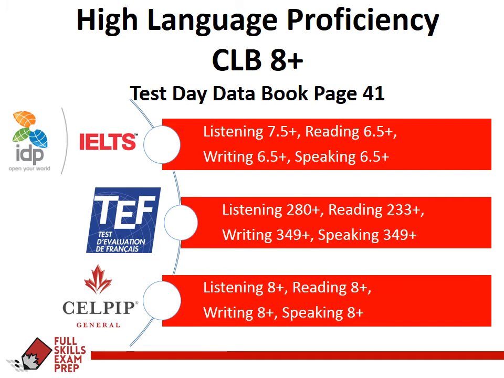For TEF, the minimum that they would be able to get if they wanted to get those points for high language proficiency would be a 280 in listening, 233 in reading, 349 in writing, and 349 in speaking. When we move on into CELPIP, CELPIP is more straightforward. It's just 8 or higher in each category.